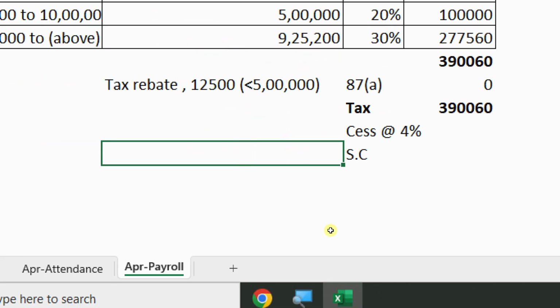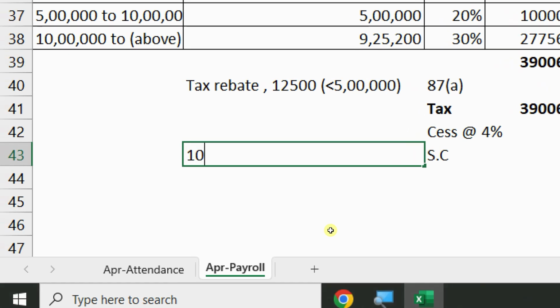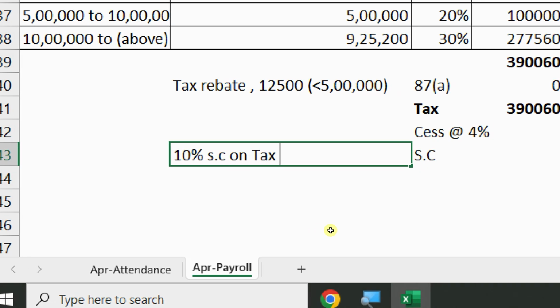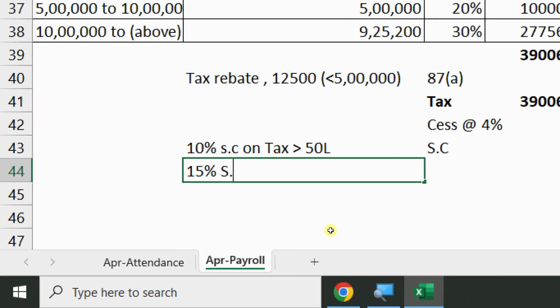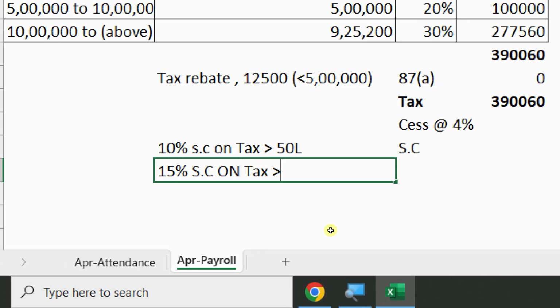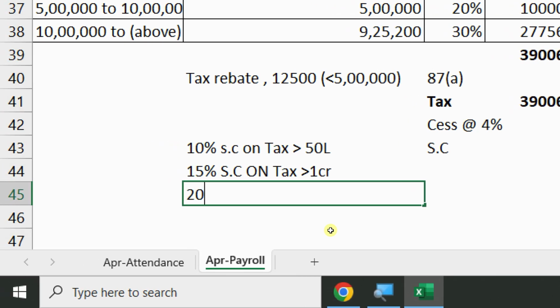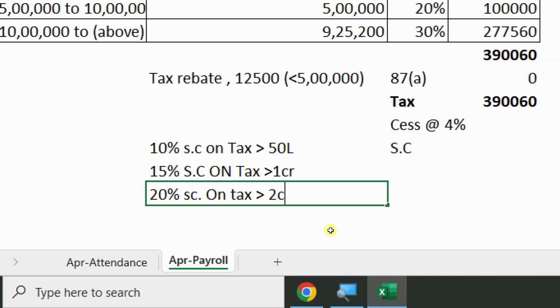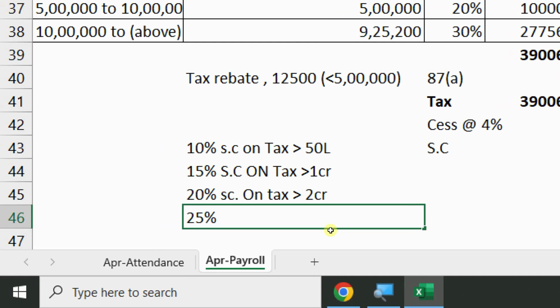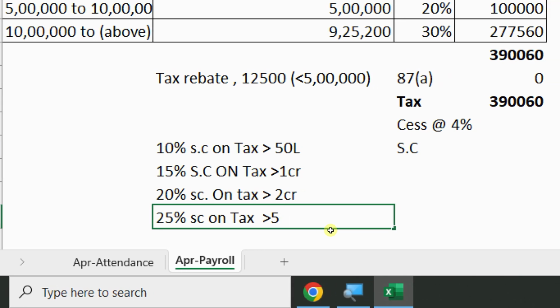If applicable, surcharge also. 10% surcharge on tax if income more than 50 lakhs. 15% surcharge on tax if income more than 1 crore. 20% surcharge on tax if income more than 2 crore. 25%, it was actually 37%, later reduced. 25% surcharge on tax if income more than 5 crore.